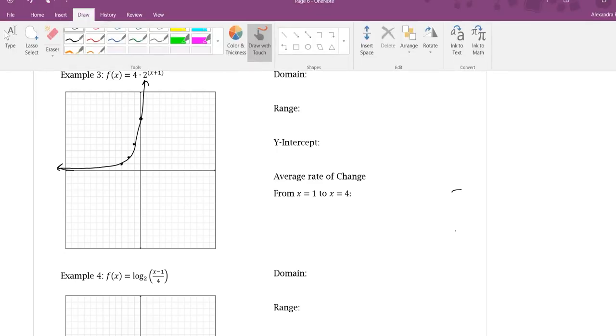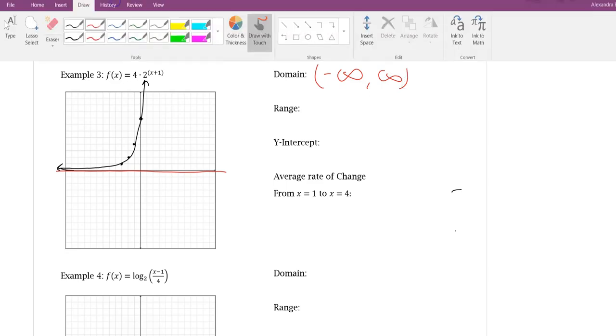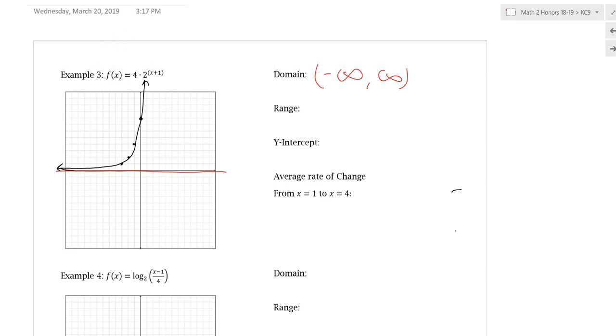So our domain, again, going across our x-axis, never stops. Our domain of this function is still negative infinity to infinity. For our range, this is our horizontal asymptote.